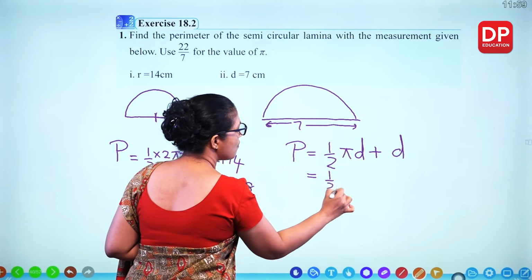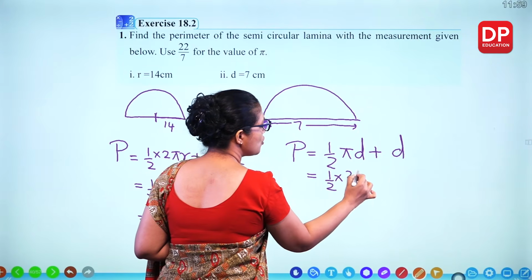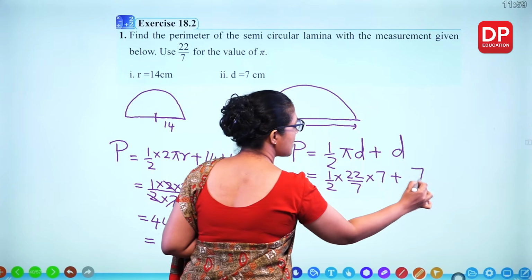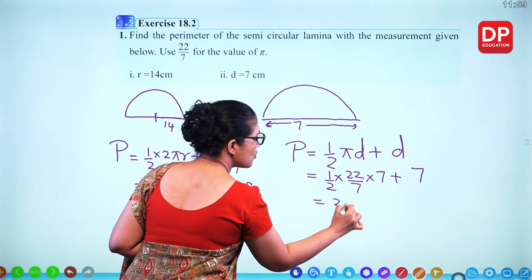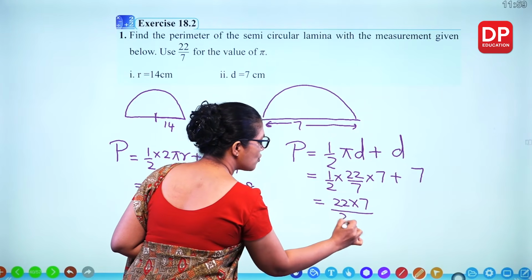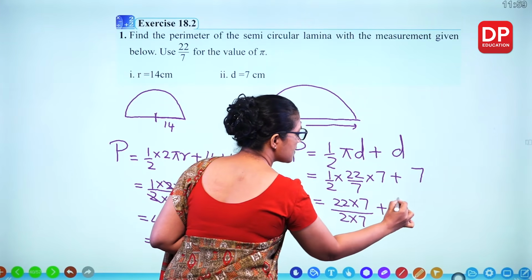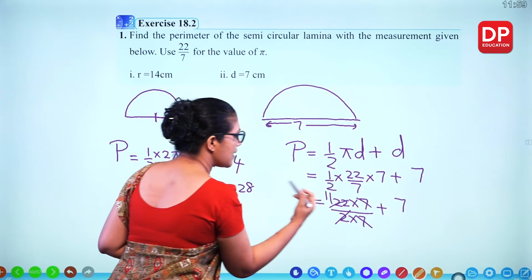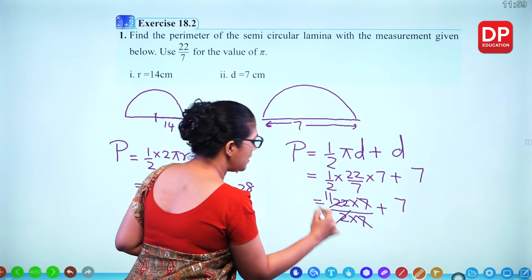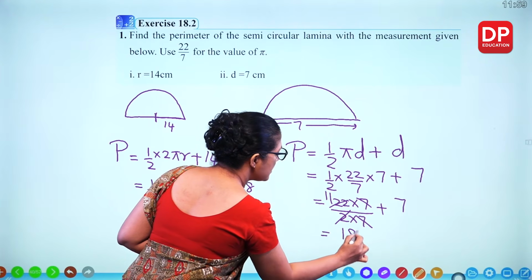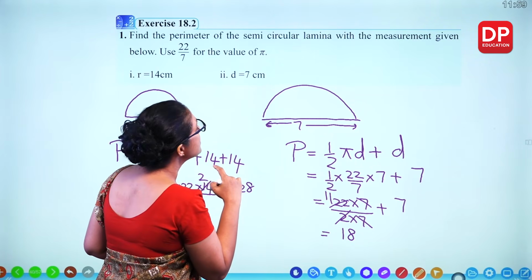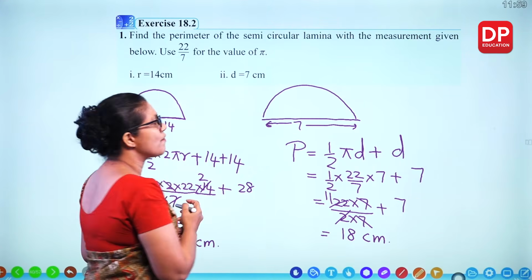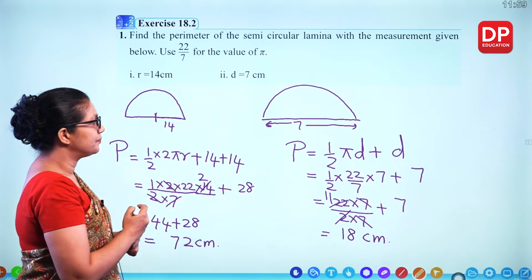So half, pi is 22 over 7, d is 7, plus 7 again. This one 22 into 7 over 2 times 7 plus 7. 2 into this 11, 7 gets cancelled out. 11 plus 7 you get 18. So 18 centimeters is the perimeter of this semicircle.